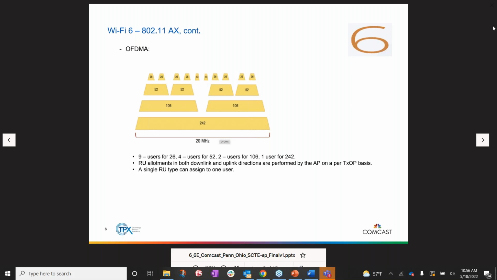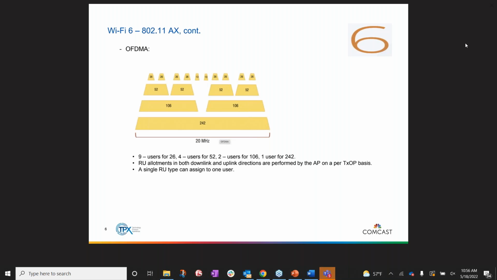Okay. So this is another distribution of tones in a 20 megahertz channel. Let's talk about the 20 megahertz channel, and we can apply the same logic to 40 or 80.